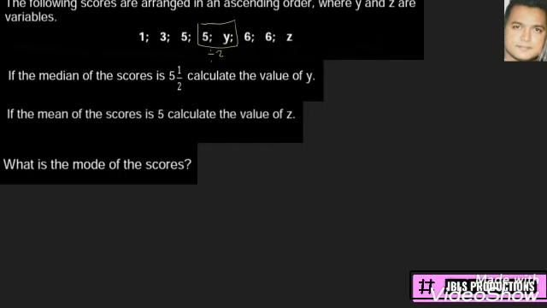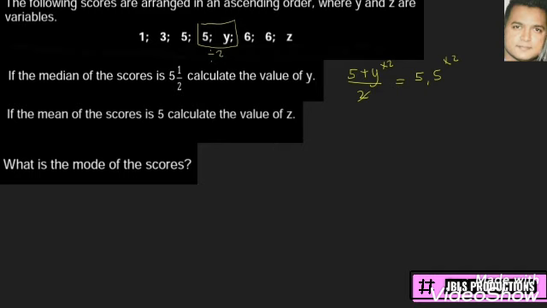So all we need to do is write this down. We say 5 plus y divided by 2 is equal to 5.5, which is the median they've given us. So all we need to do is solve for y. So we multiply both sides by 2 in order for us to get rid of the division by 2.